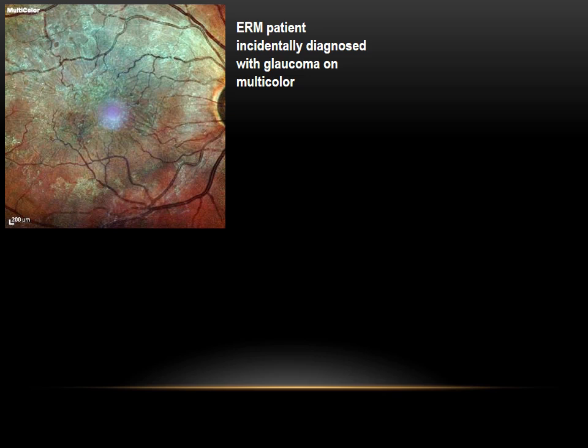So even though the OCT thickness in a case like this may not be very affected because of the epiretinal membrane's coexisting pathology, the ability to view on multicolor allows us to diagnose coexisting diseases.